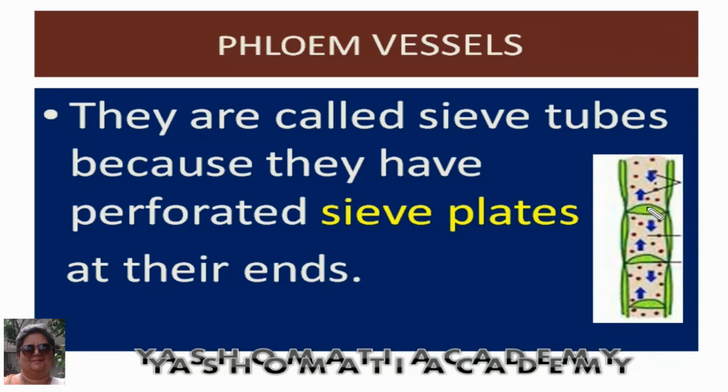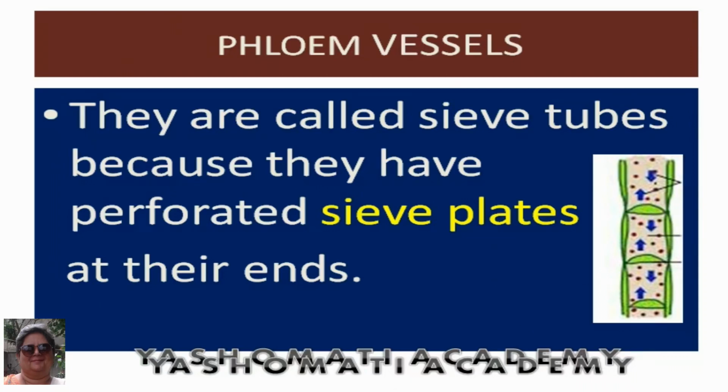These sieve plates have small holes in them, because of which the material can pass from one cell to another cell. Because of these sieve plates, phloem vessels are called sieve tubes. So they are just like xylem tubes, but in xylem tubes these sieve plates are not present.